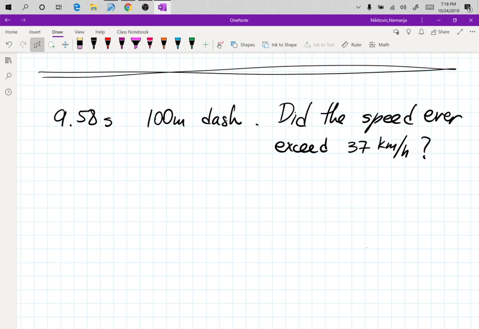What should we do? They are asking about the speed of 37 kilometers per hour. Is that instantaneous or average? Which one is inferred over there?